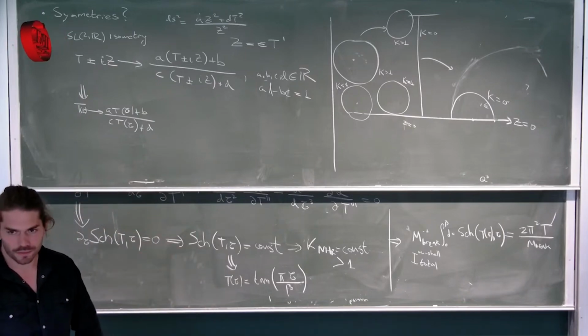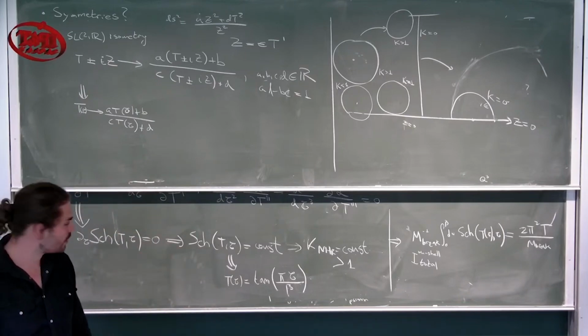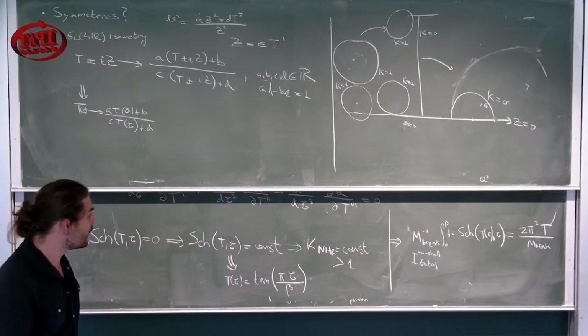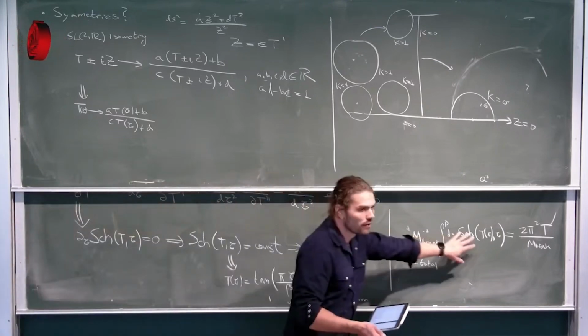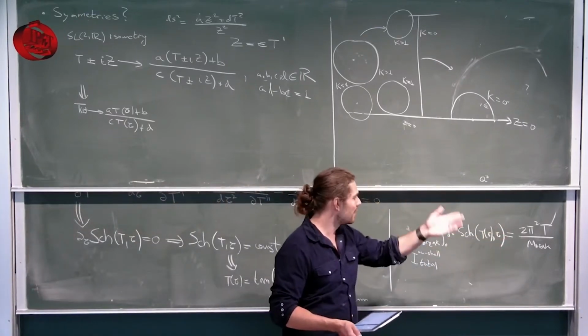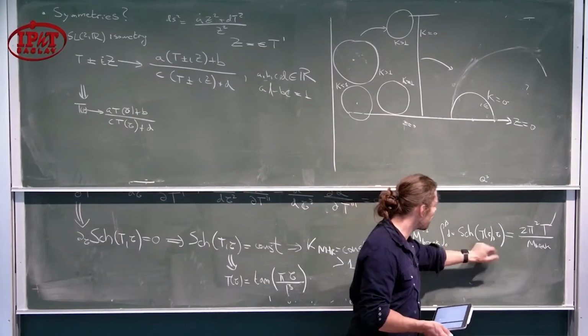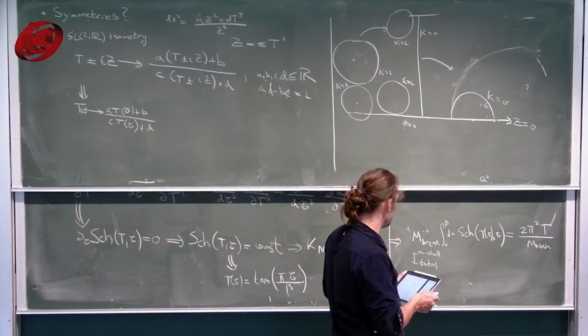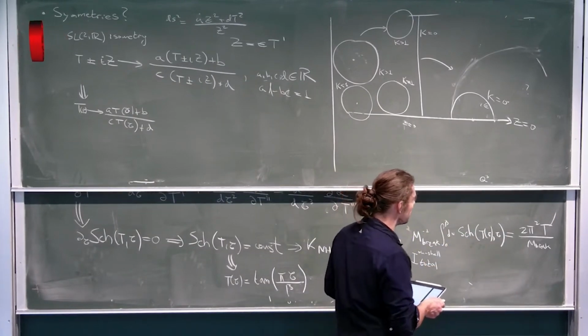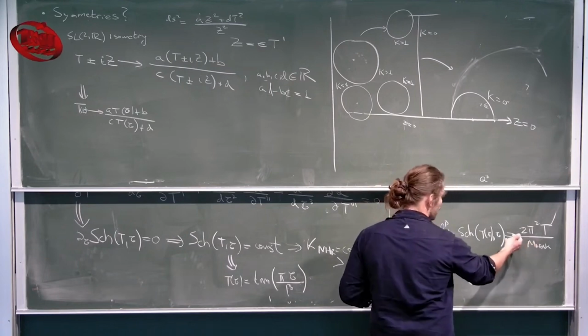What's the value of the extrinsic curvature when you evaluate it on this? Yes, so it's this. Well, it's essentially the Schwarzian itself.